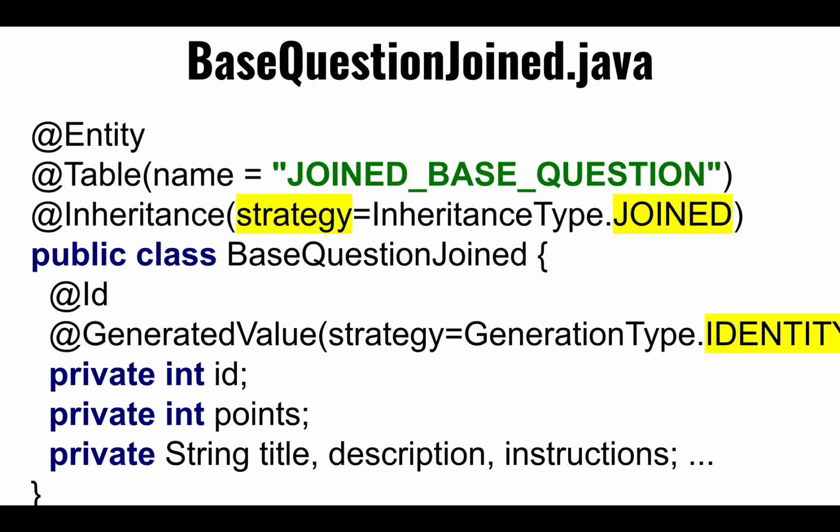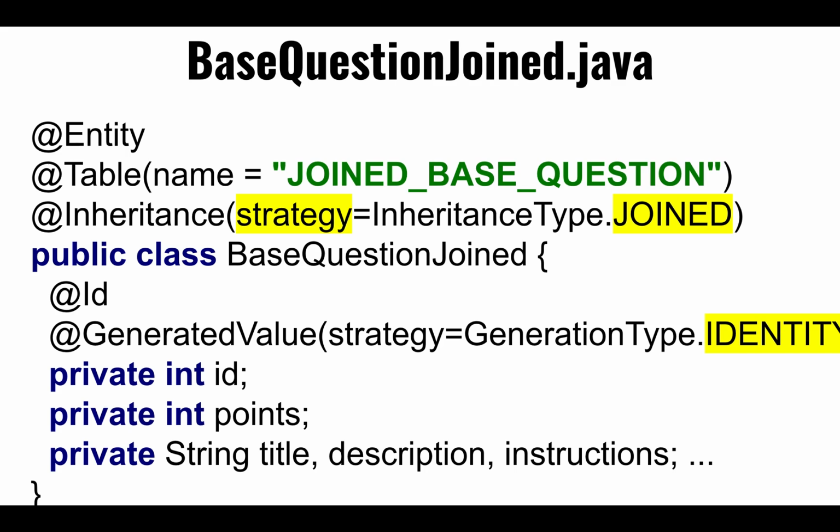And the way you do it is you use the annotation Inheritance and say strategy equals InheritanceType.JOINED. This tells JPA that you don't want to use the default implementation where I put everything in one single table. You want me to break it up.